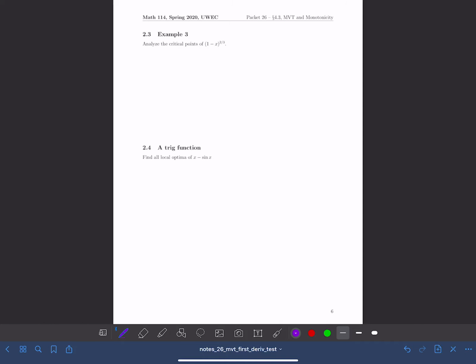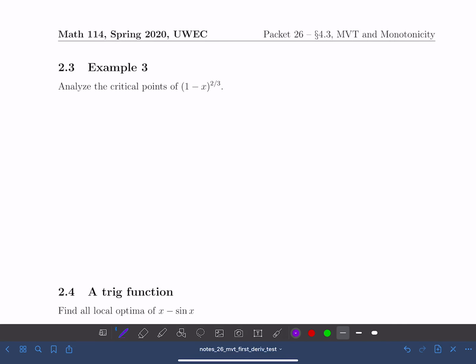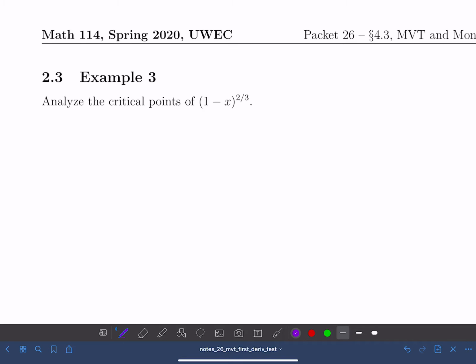Let's blast through 2 more examples, and then we'll do the mean value theorem and call it a day. So let's analyze the critical points of this cool function. I love it when I see fractional powers, because the fractional powers typically represent something interesting. I would invite you, for all of these examples, to have been plotting them.